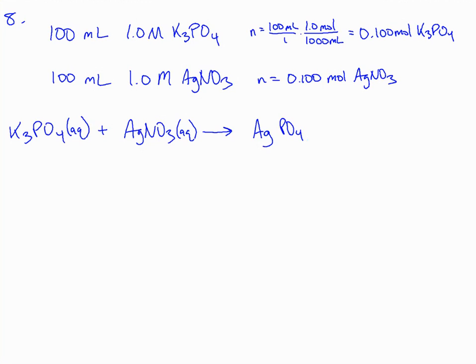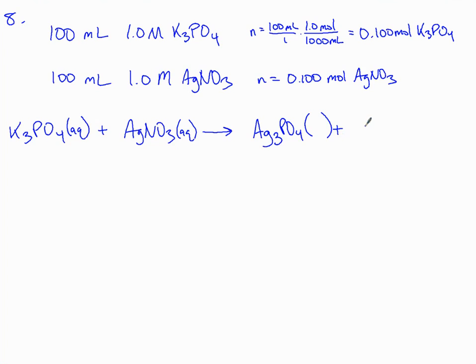In order to figure out the ratios of this formula unit, we need to know the charges. So based on this, charge of silver is +1, and phosphate is -3. And so if you were going to make this a neutral compound, you would need 3 silvers to make it neutral. And we don't know what the state is yet. I'm just going to put parentheses and then move on to the next one.